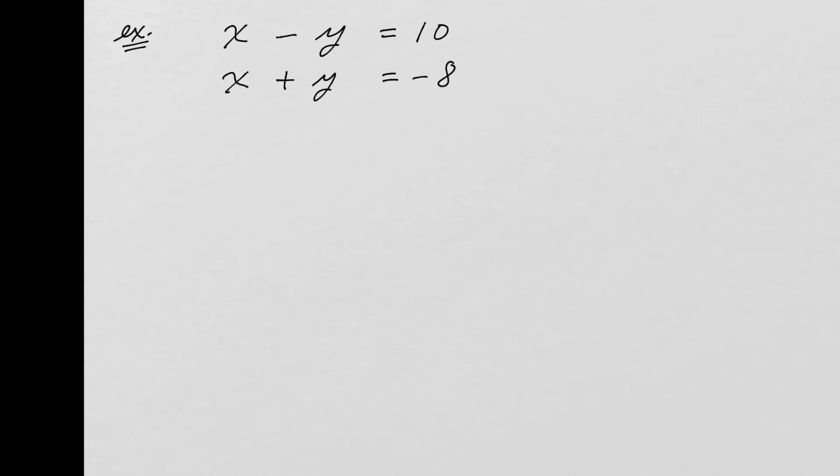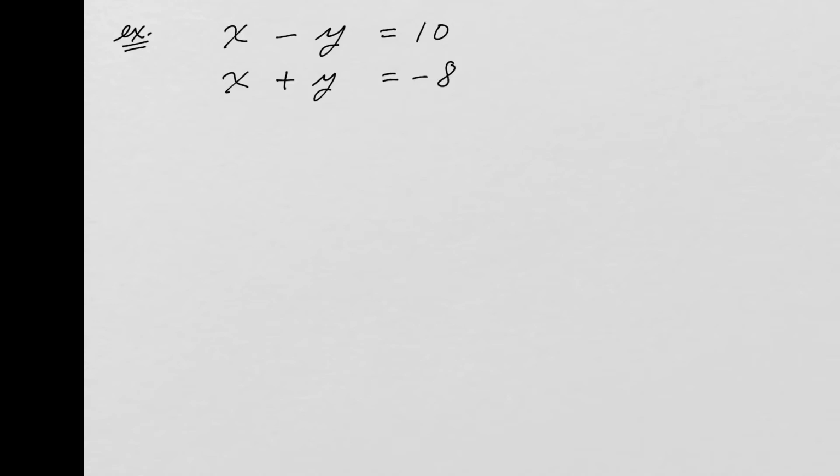That's my system, right? And I want to solve it by using elimination. Okay, well, step 1 is done, right? Because these are both in the form ax plus by equals c. The x's are lined up, the y's are lined up, and the constants are lined up on the right-hand side. So that step is done.